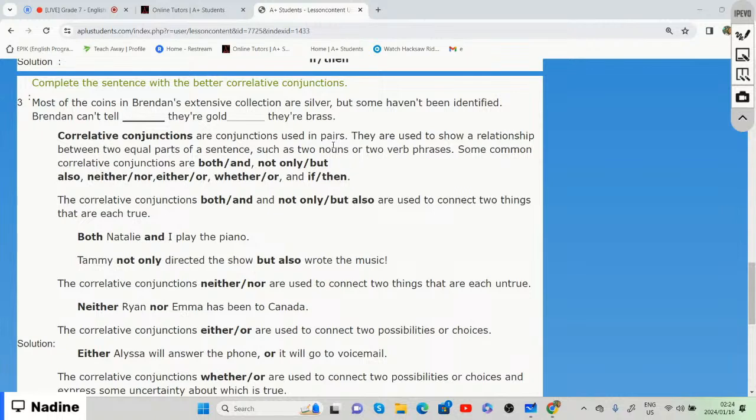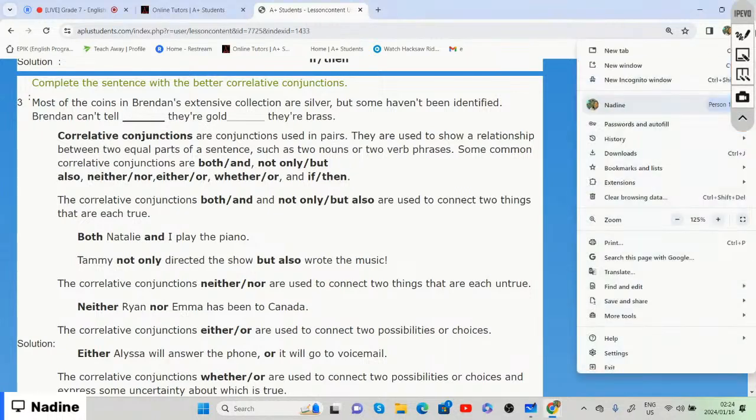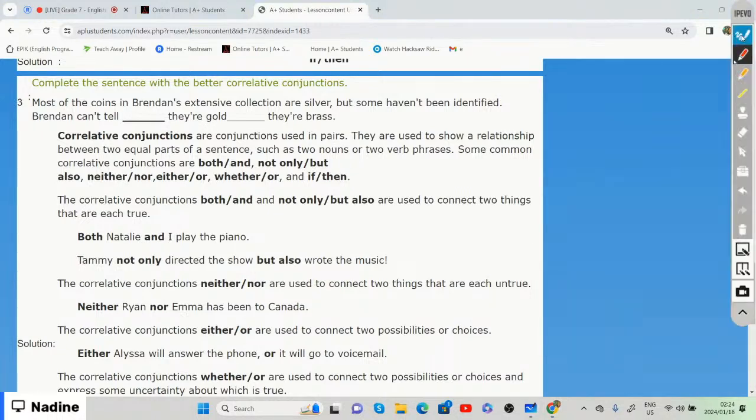So we use whether or. That is basically how we complete a sentence with the correct correlative conjunction.